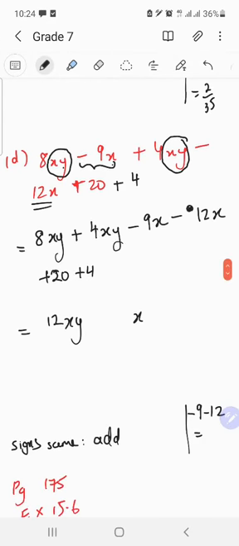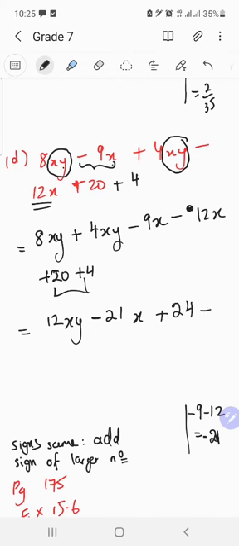And then we verify that we need to write down the sign of the larger number. So here, what we have is 9 and 12. We add 12 and 9, that gives you 21. Okay, and the larger number is 12. It has a negative sign, so it will be minus 21. Then in front of this x, I write minus 21x. And then what I'm left with is 20 plus 4. 20 plus 4 is 24, and that is the answer.